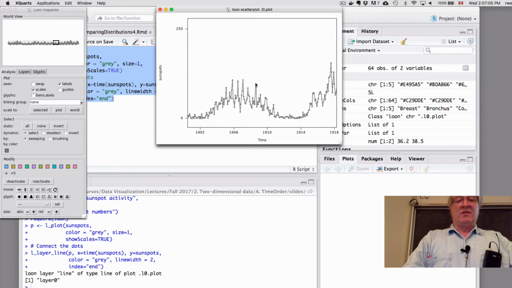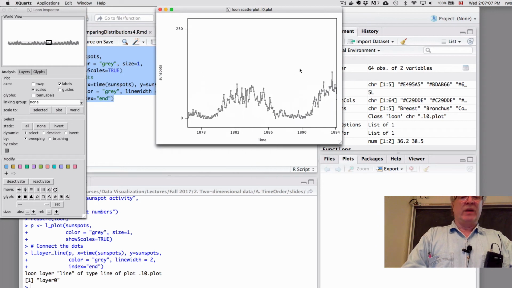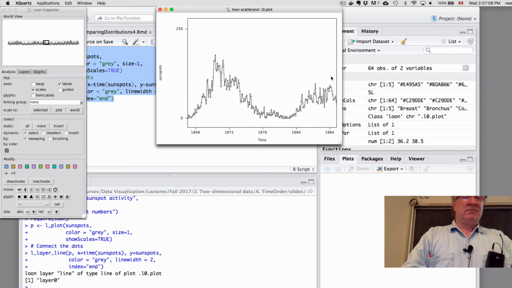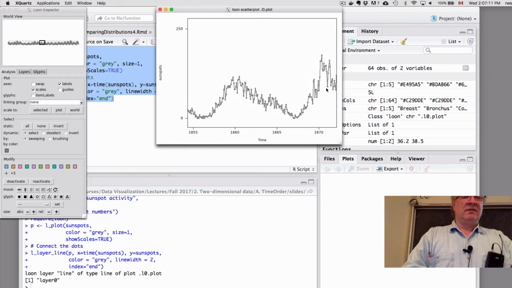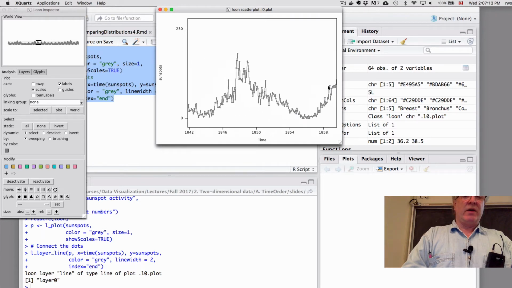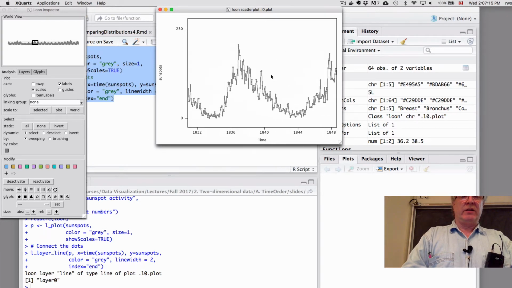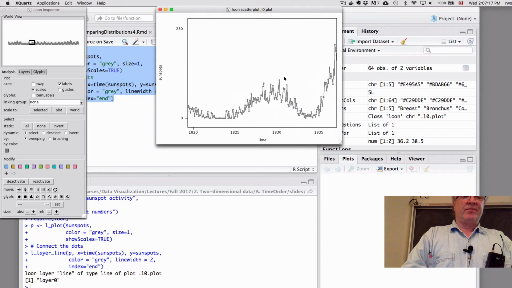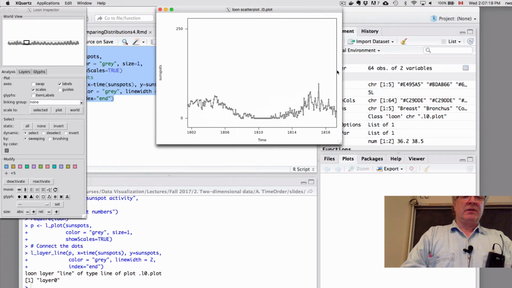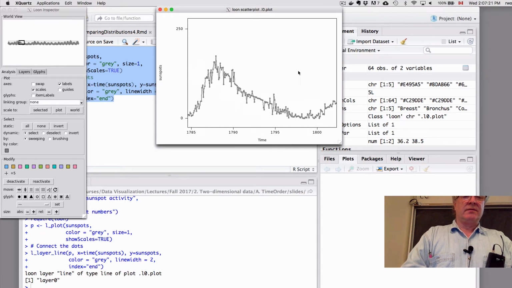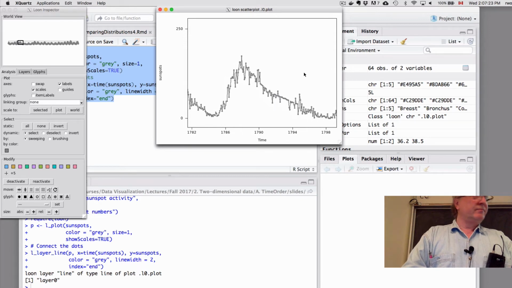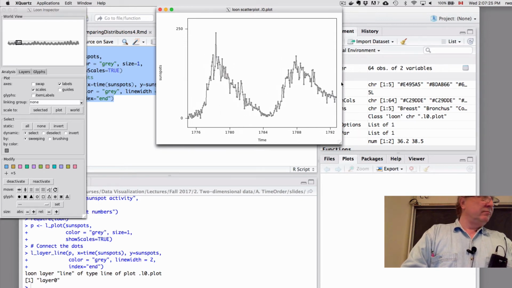Does this look like it's roughly the same wavelength? These waves look roughly the same wavelength. How about their shape? Anything you might say about the shape of these guys? Steeper?